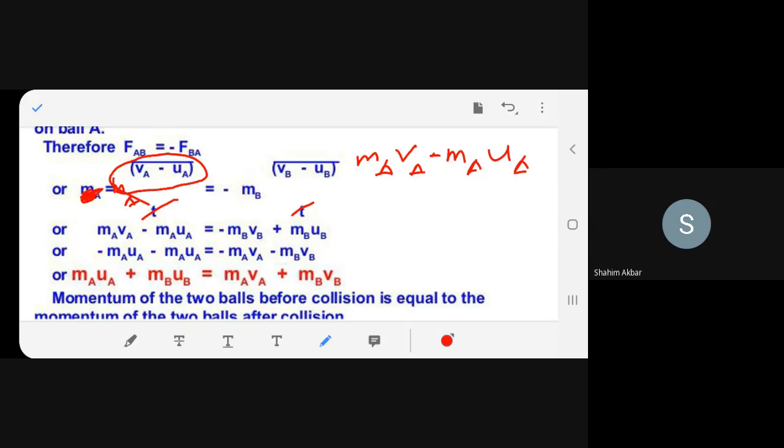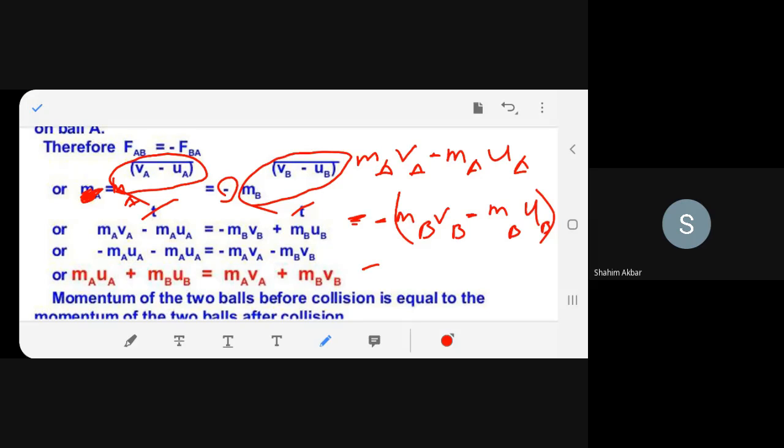We have solved this side. Now we have to solve this. It is equal to minus, you can see the minus sign, MB VB, and then this is in brackets, so I will put minus MB UB, right?